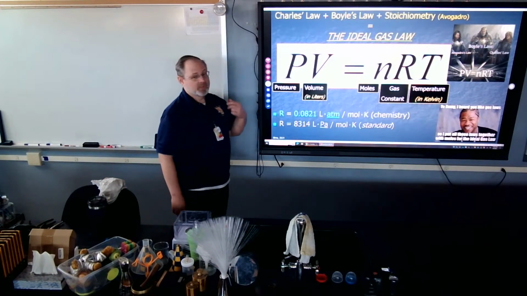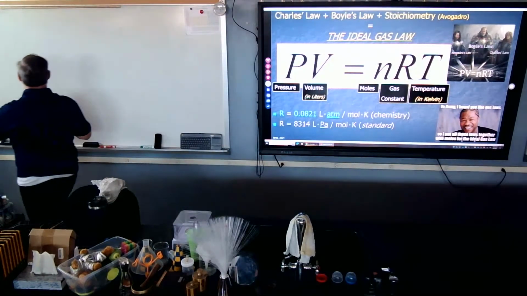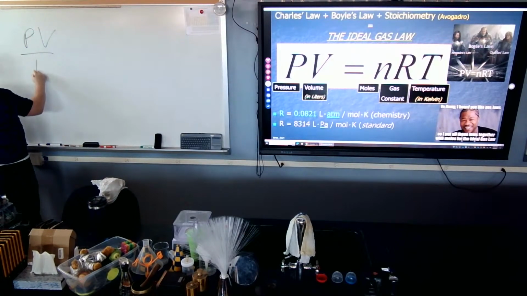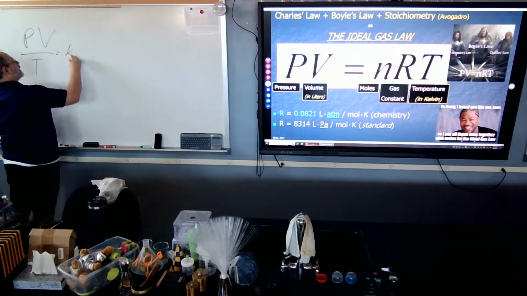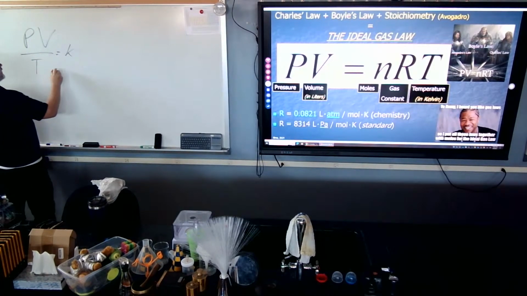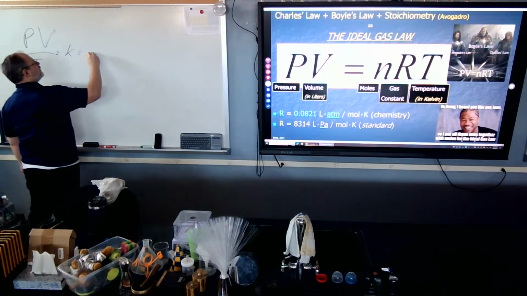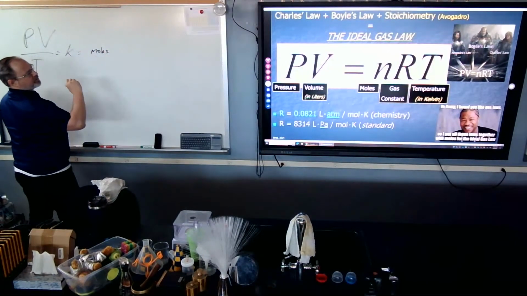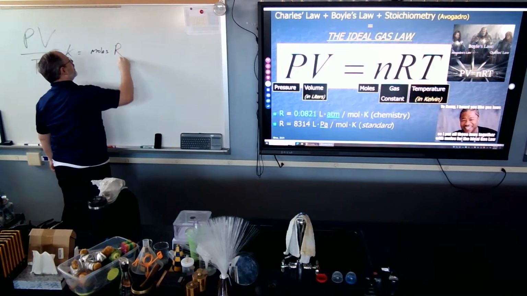With the combined law, we had PV over T was a constant. Well, now we know what that constant is. That constant, K, is moles times a gas constant that we're going to label R.